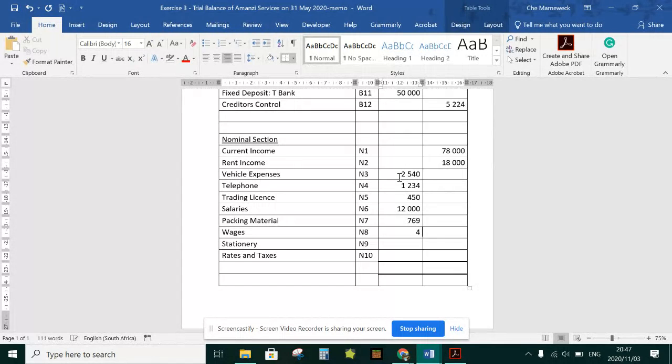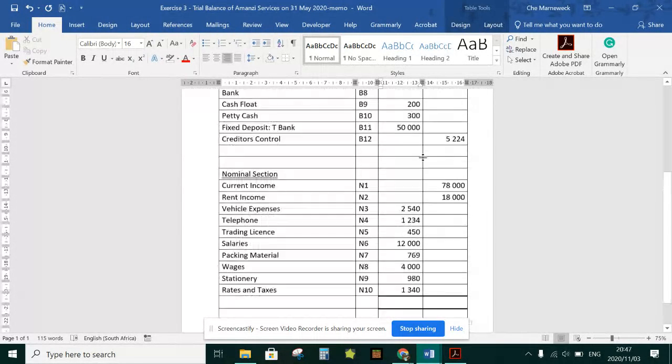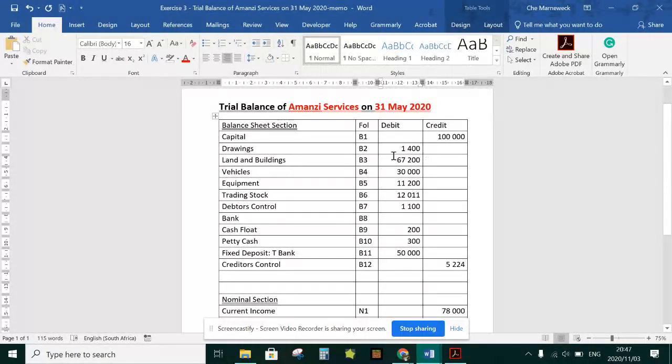Wages, 4,000. Stationery, 980. And rates and taxes, 1,340.